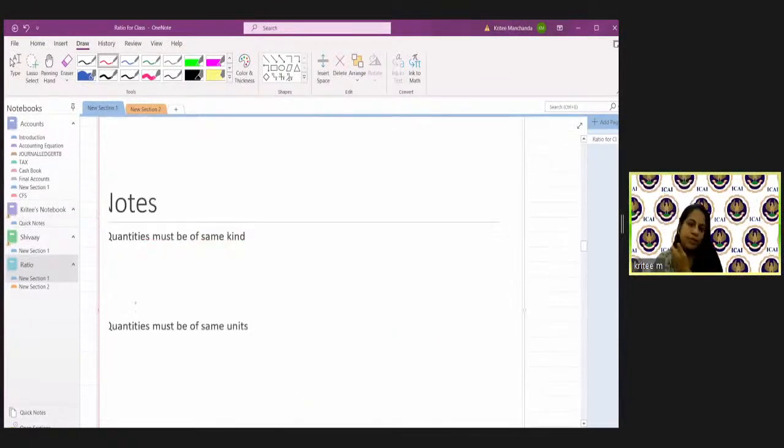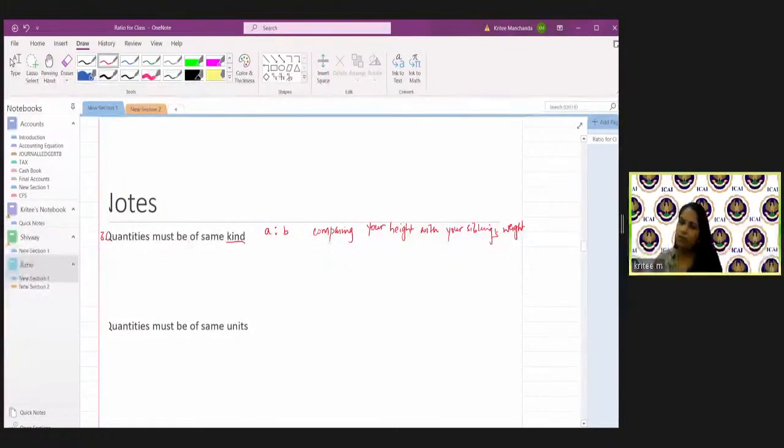The next point is a very, very important one: quantities must be of the same kind. When you're expressing anything as a ratio A is to B, the quantities must be of the same kind. What I mean to say is, maybe you are comparing your height with your siblings' weight.